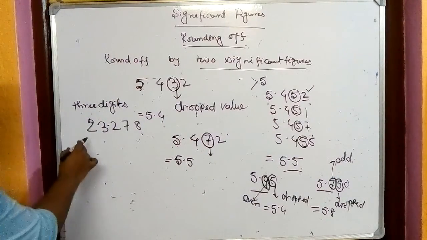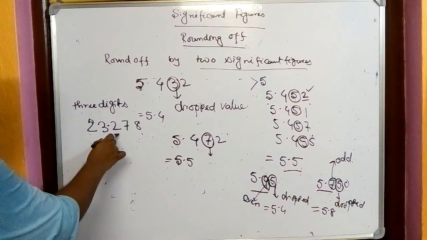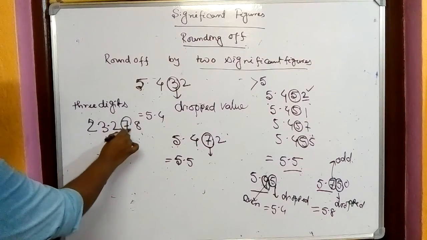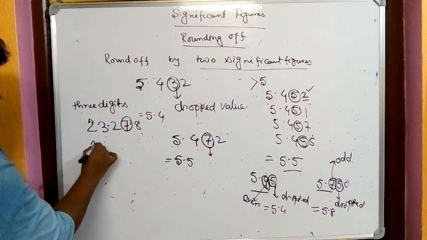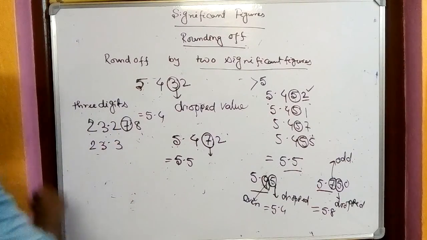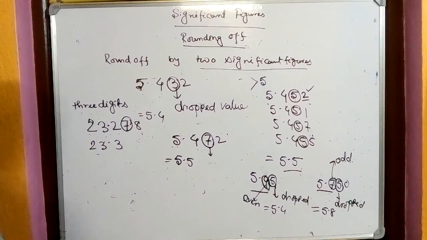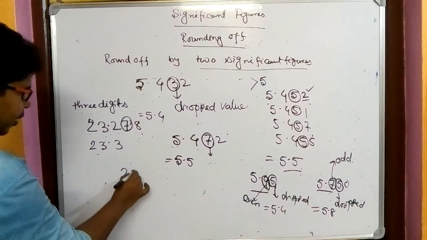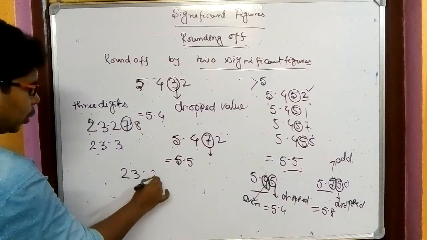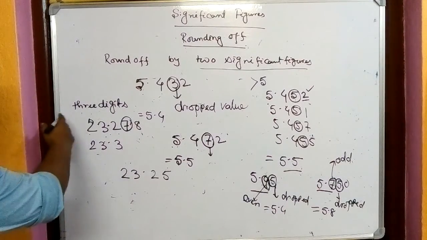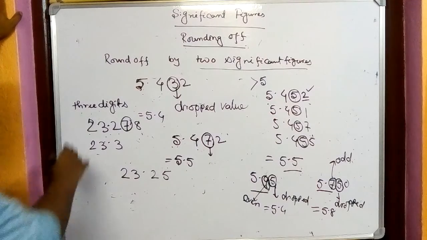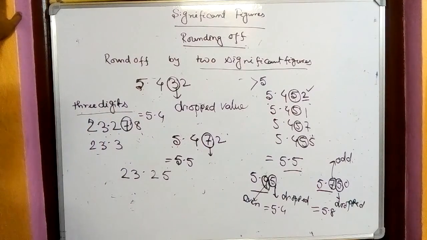Here 3 digits means 23.2. This is the dropped value 7. It is more than 5, so we can say it is 23.3. But in case it is 23.25 and it is told you have to round off to 3 digits, so it is 23.2.